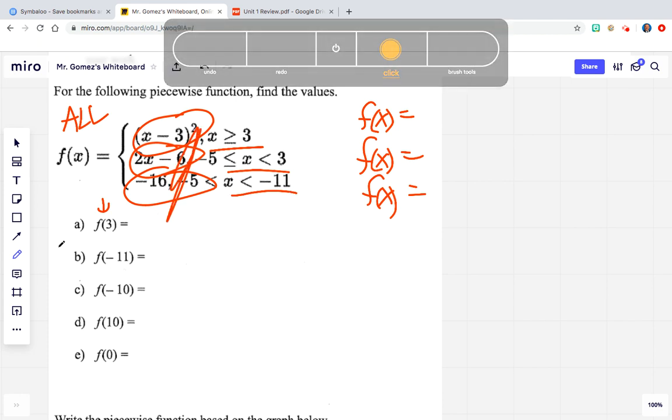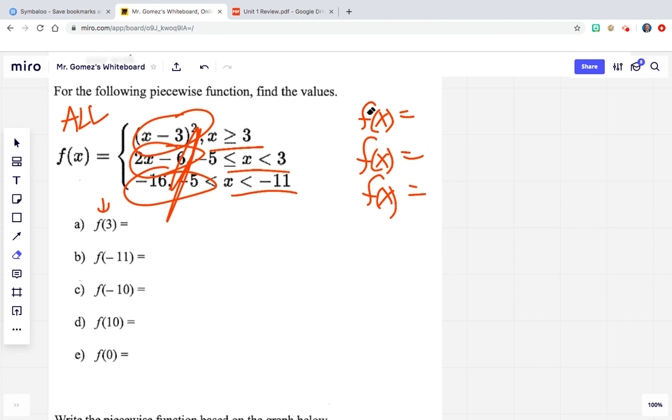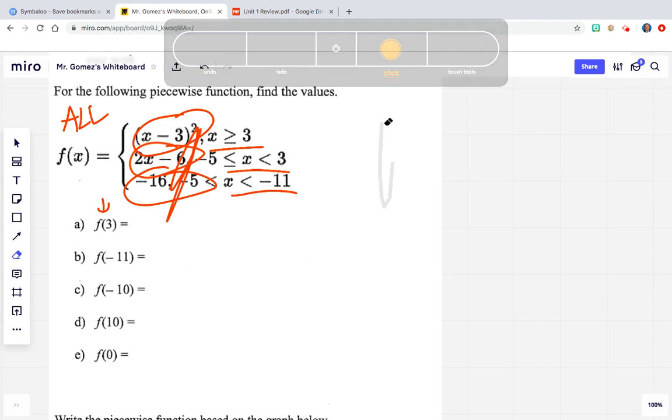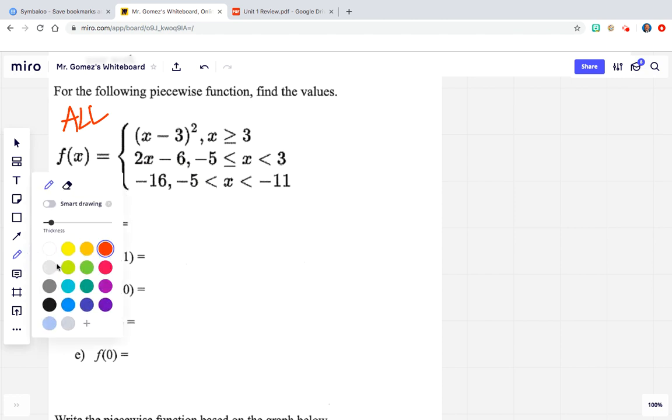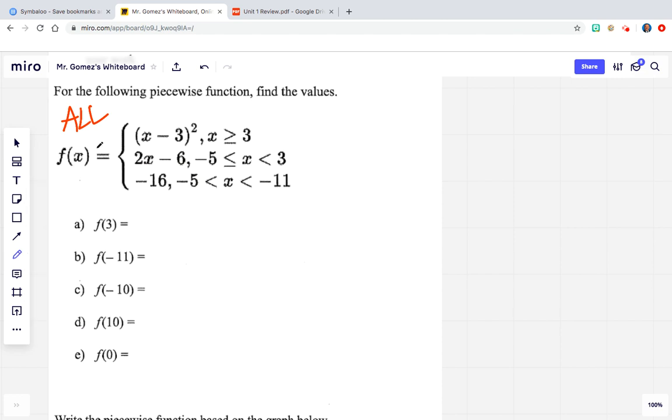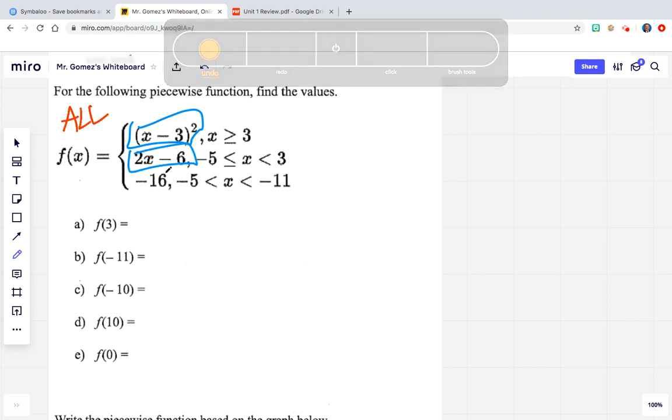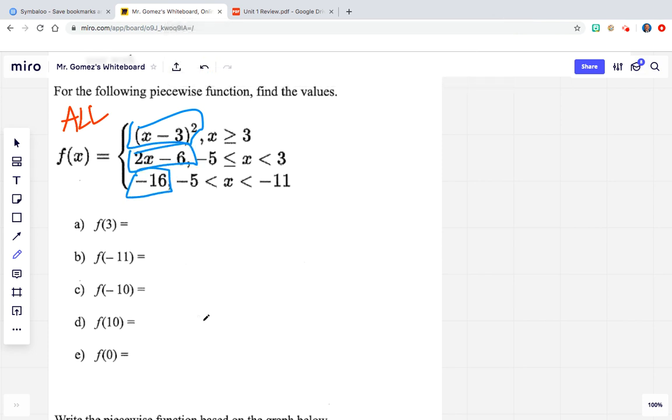The only thing that we do with piecewise functions is that we don't write f of x all three times. We're going to be a little lazy. You could say mathematicians are a little bit lazy, okay? They just want to write f of x just one time, but that it represents all three of these functions right here, basically where the comma stops, okay? So these will tell you where these numbers belong, okay?